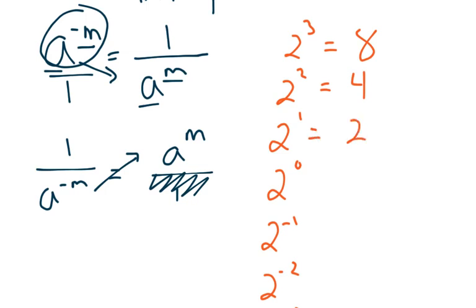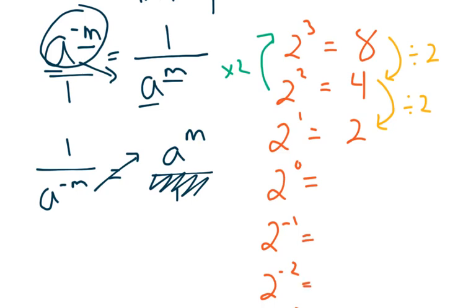Now, if I go down a line, that would be like dividing by 2. If I go up a line, that would be like multiplying by 2. So if we keep going with the down, 4 divided by 2 gives us 2. Let me fill in some equal signs here. We'll leave the 2 to the negative third for a minute.